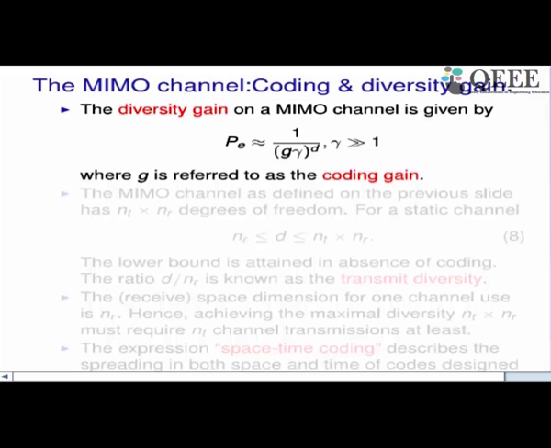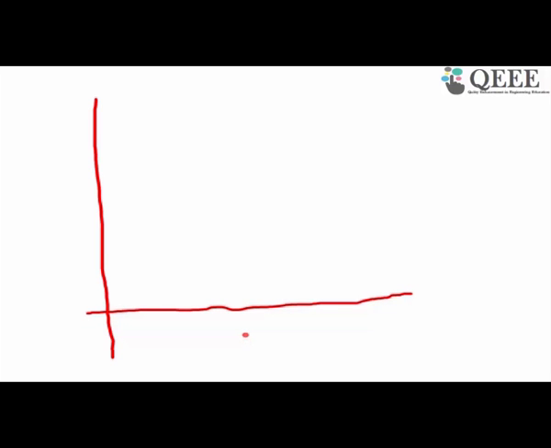This can be seen by a plot. I'll basically make a plot to show you how things are. The x-axis is basically gamma, the signal to noise ratio.